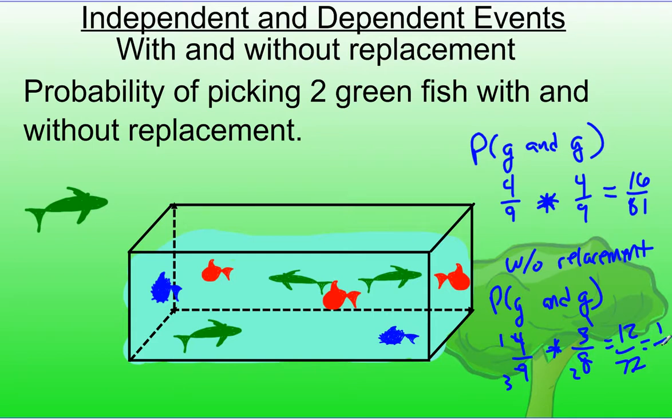Yeah, 1 out of 6. Okay. So without replacement is dependent because it's changing the probabilities of all the other fish in the fish tank. With replacement is independent because each time you just keep putting that fish back in so all the probabilities don't change.